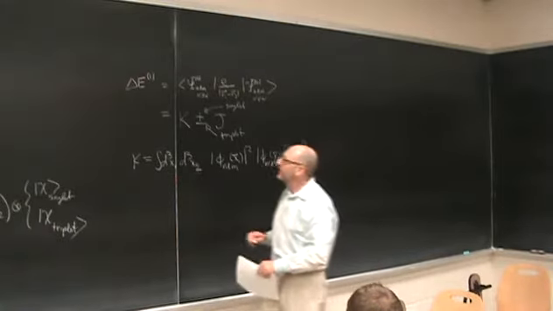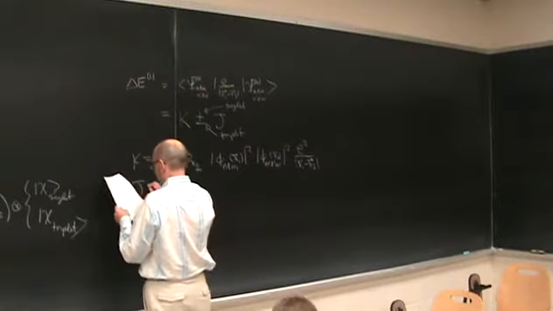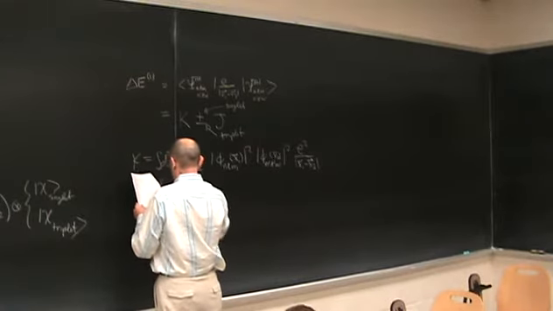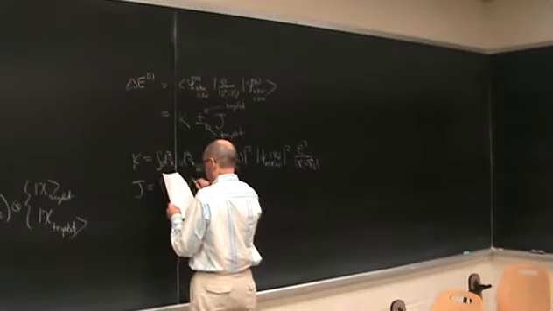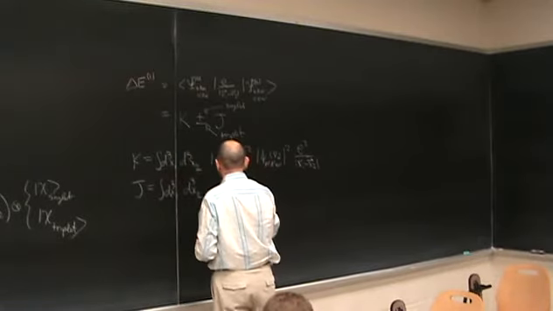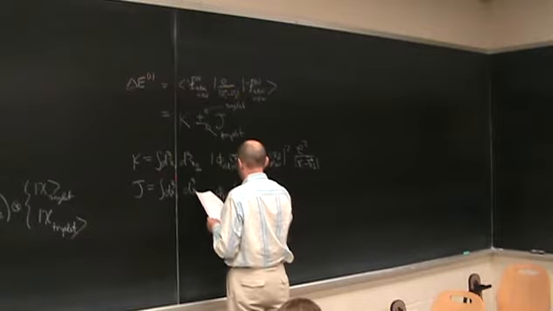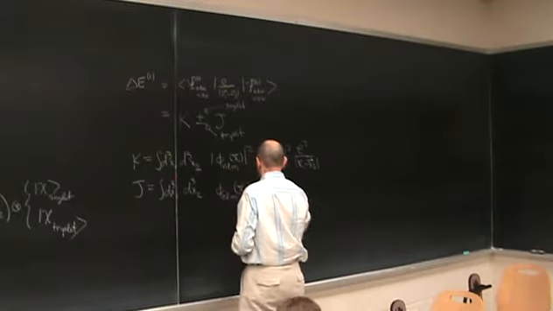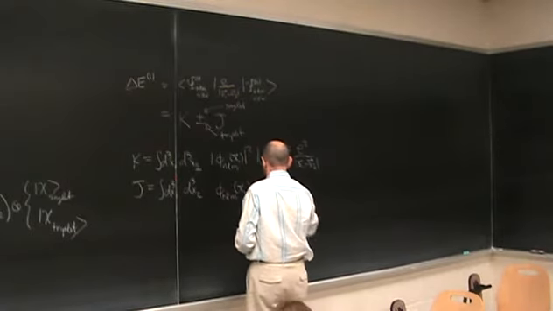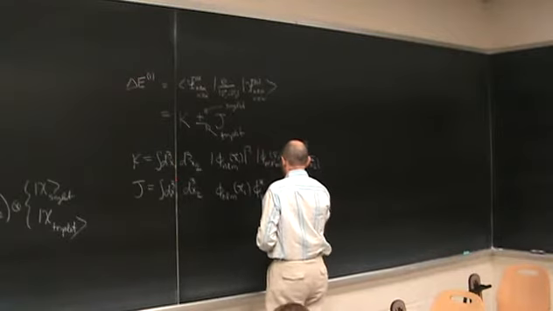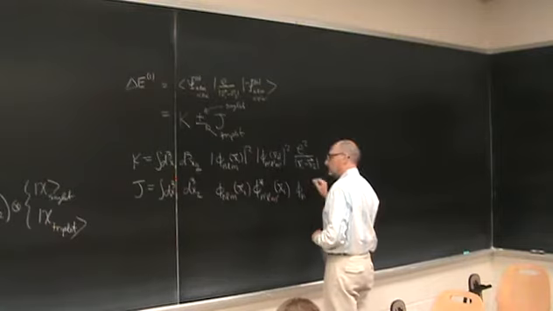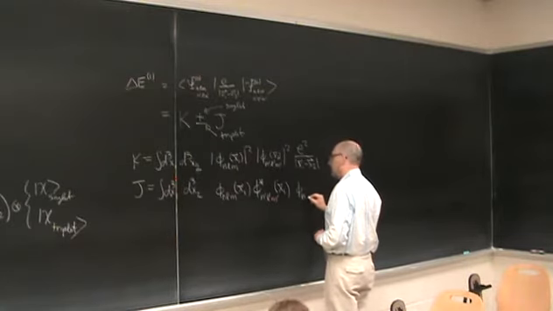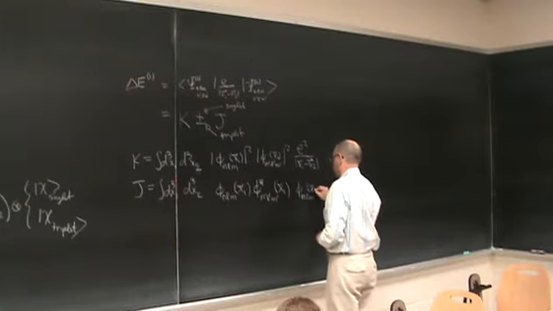And then I have this term, J, which is the exchange term. And it's the interference term.